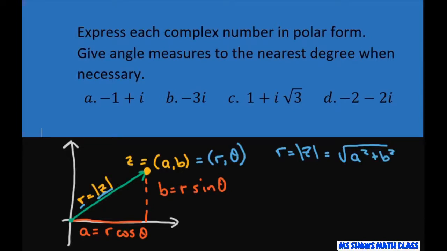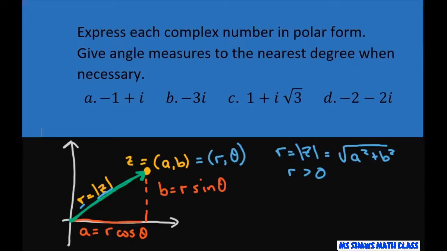Now, this is non-negative, so r is always going to be positive, and that's going to affect our angles sometimes, because you're looking at the length of this arrow here. So looking at the length, you always want it to be positive.